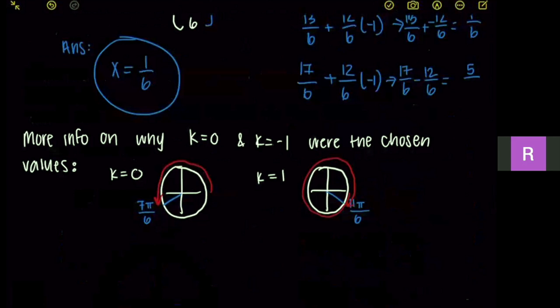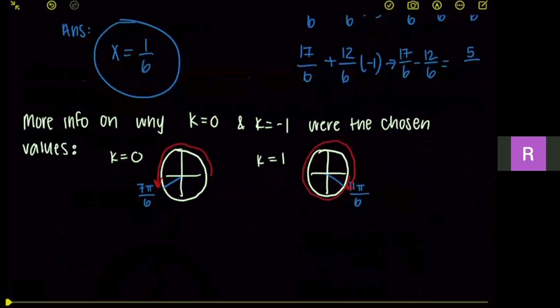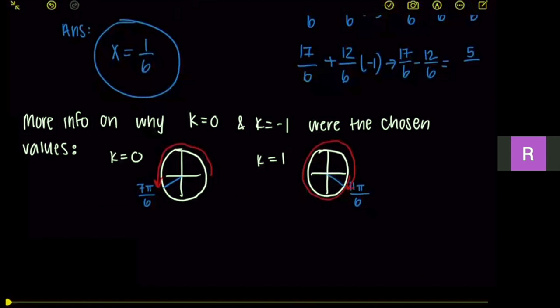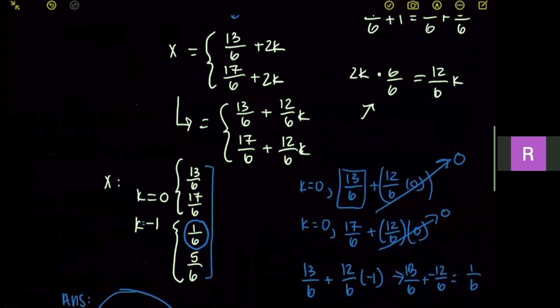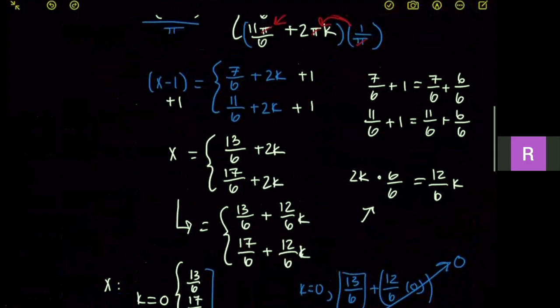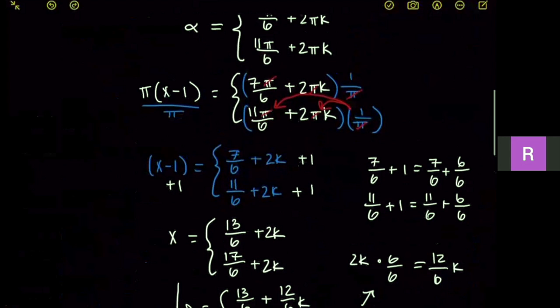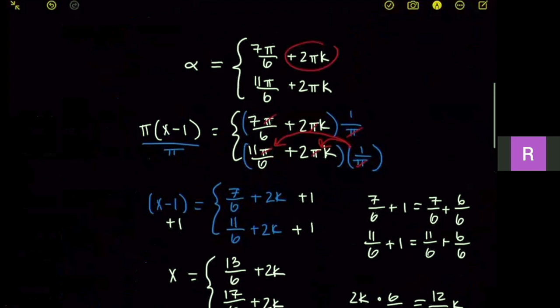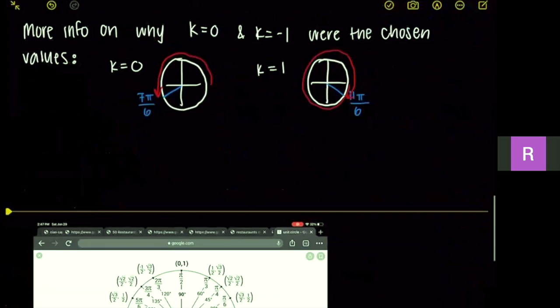For some more information really quickly about why k equals 0 and k equals -1 were the chosen values that we decided to plug in for k. Since the 2 pi k term over here is going to represent the amount of revolutions that are added to our value.